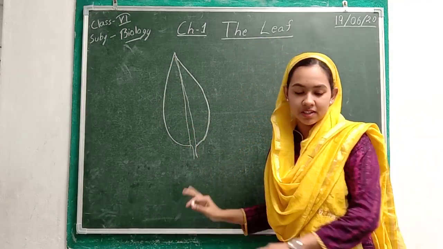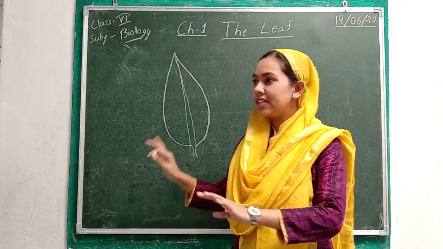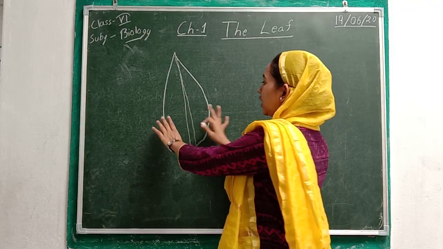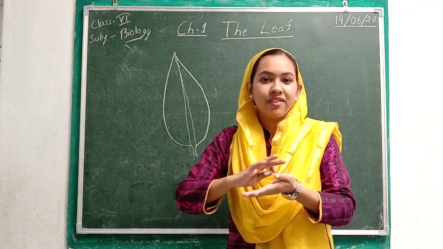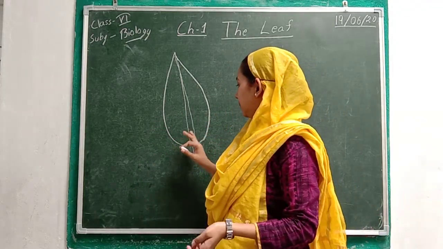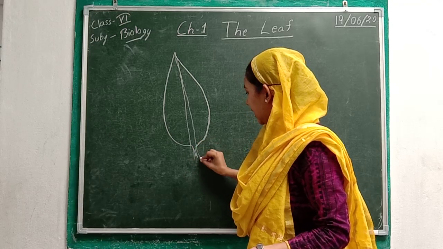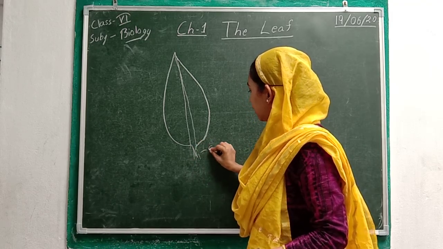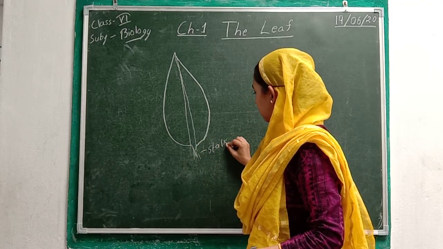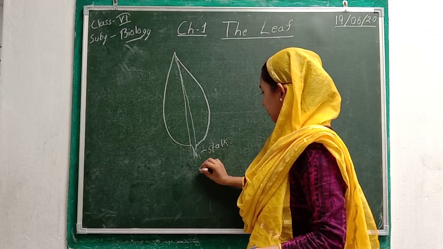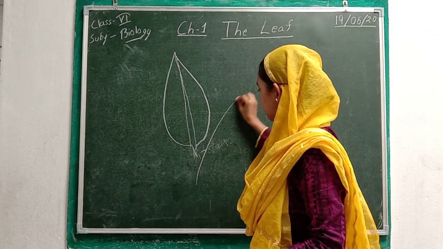Maybe something like this kind of a picture. So you can basically define leaf as that thin, green, broad and flat part of the plant which is attached with the help of a stalk to the stem or to a shoot.